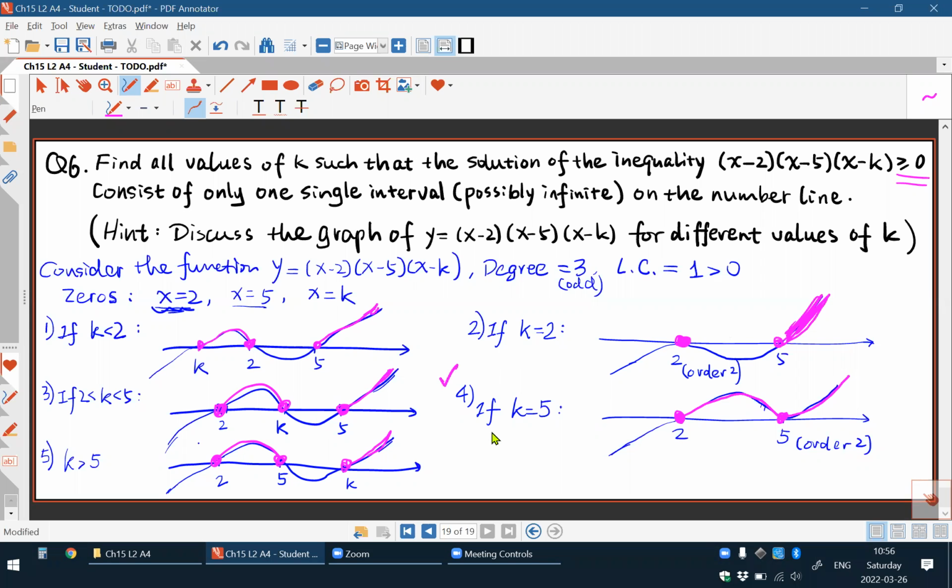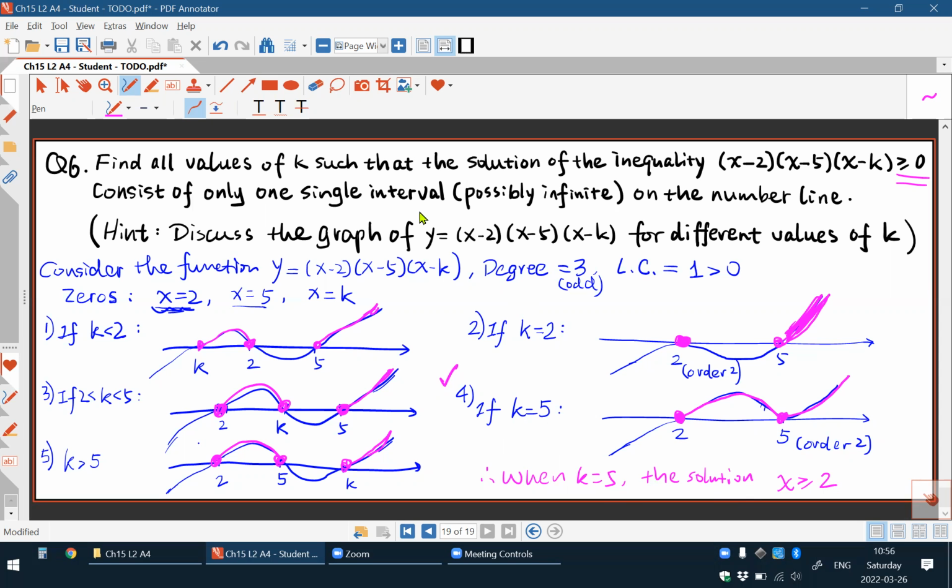Only the fourth case will do, right? Because in the fourth case, when k is 5, what is the solution? It's just from 2 all the way to positive infinity, right? The solution is x greater than or equal to 2. So only in the fourth case, as you can see here, that means when k equals 5, the solution is a single interval, right?